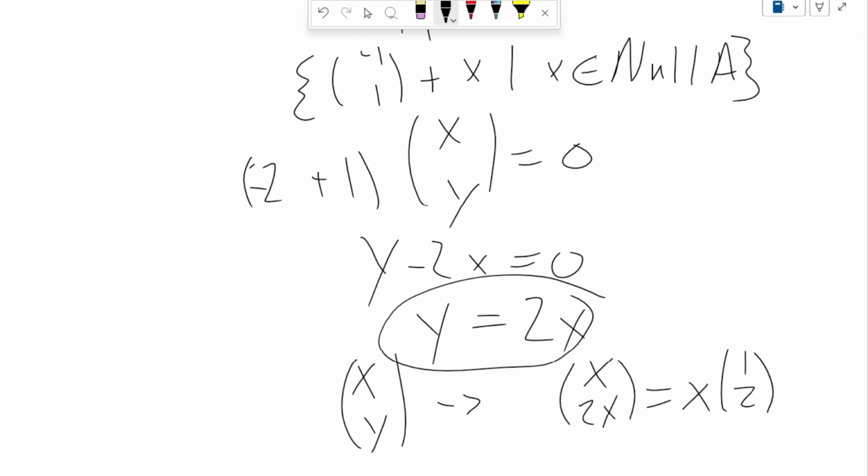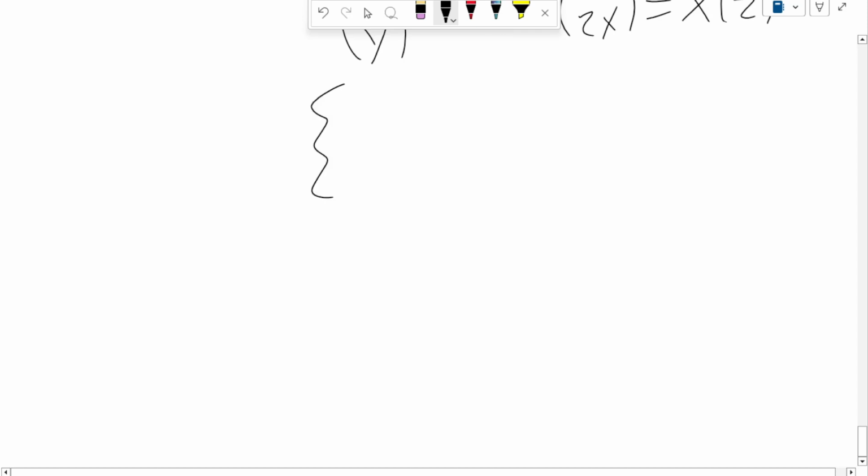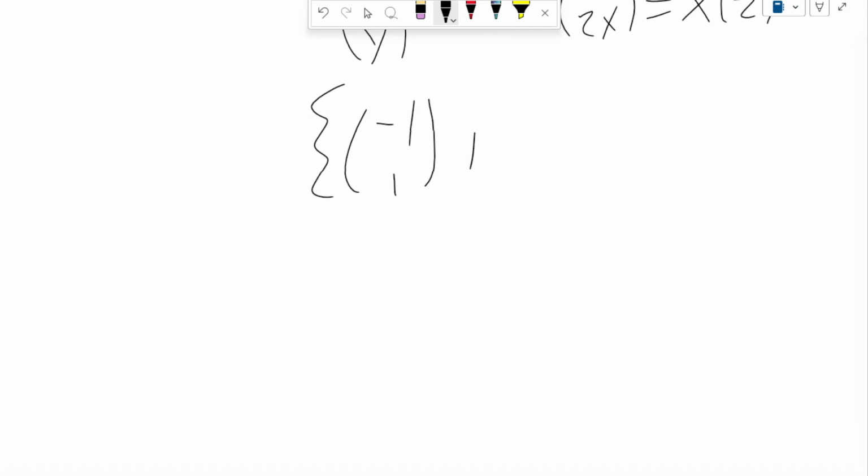And so our whole solution for this line, we can describe the line as the set of negative 1, 1 plus 1, 2 times x, such that x is in R.